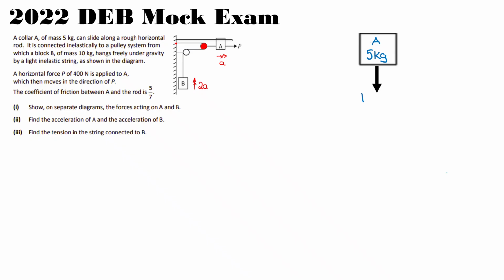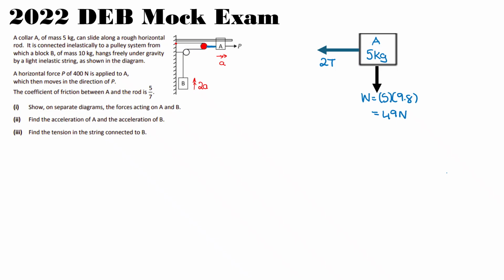So here is our weight, which is equal to mass times gravity, which works out as 49 newtons. We then have that kind of pulling to the left. Now, when we think of that pulling to the left, that is actually this piece here. But in terms of the shared string, it's going to be equivalent to 2 tensions because there's 2 strings pulling it there. So this is 2T.